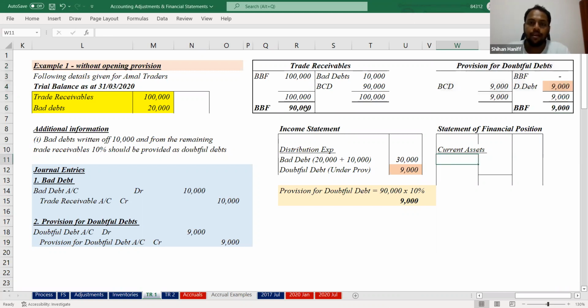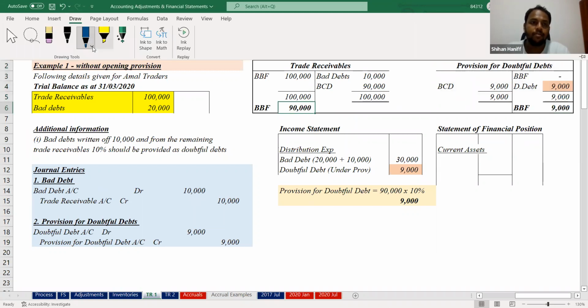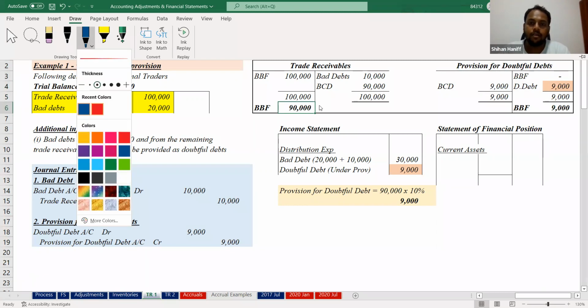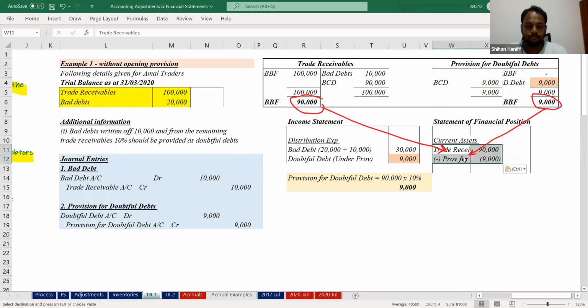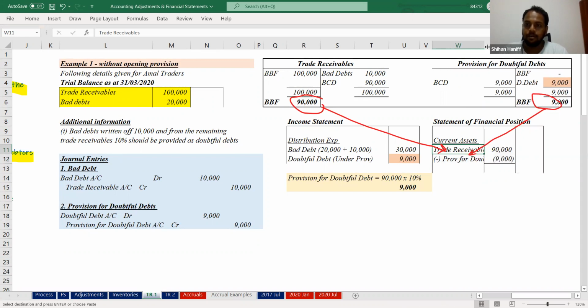Then you take these two balances: debtors and doubtful debt.